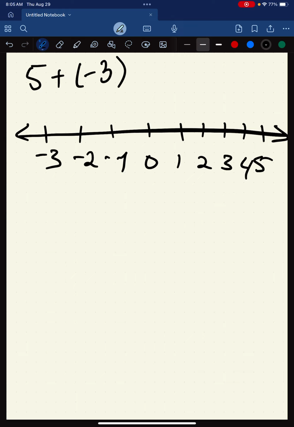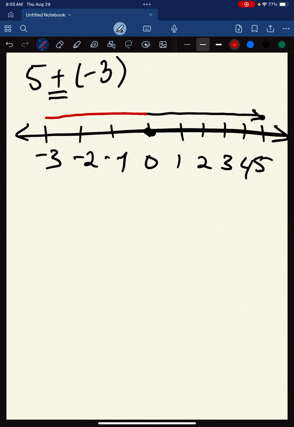So what 5 means is to step to the right of 0 5 paces. And then whenever we say plus, we're saying at the end of what we did previously, do something else. So 5 plus negative 3, well, negative 3 just means 3 in the left direction, right?